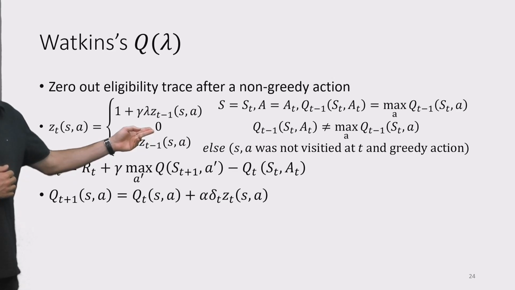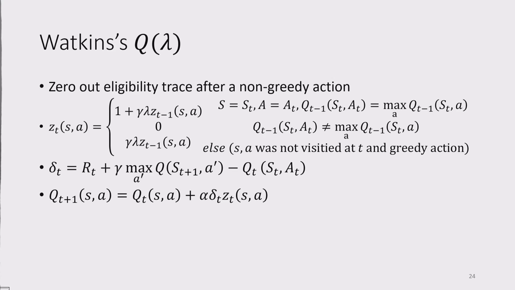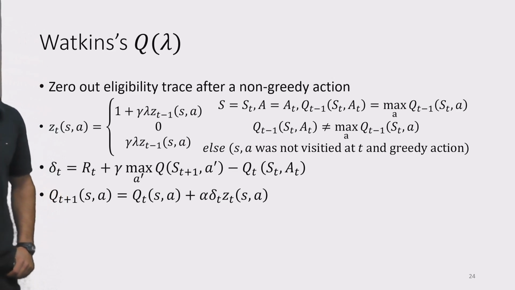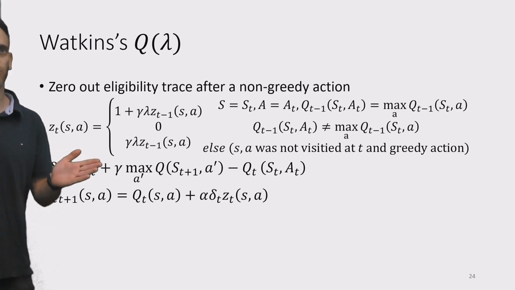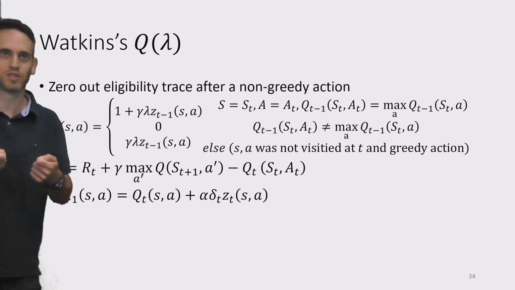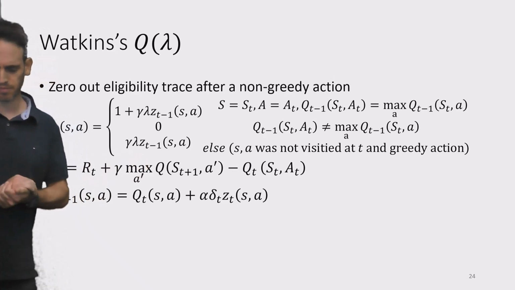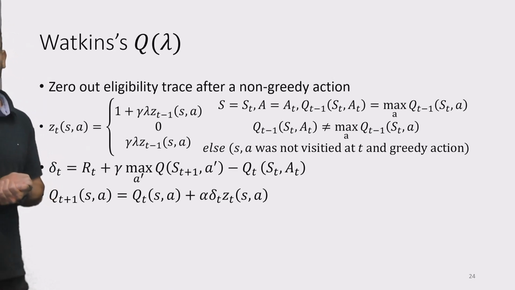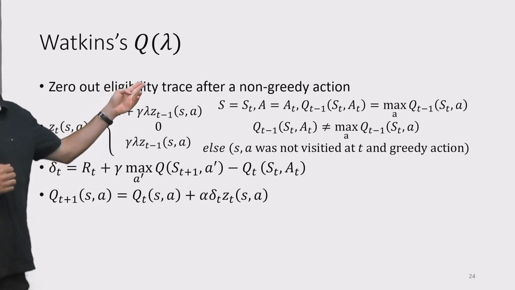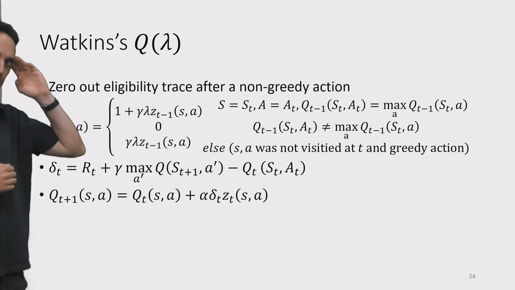Else we accumulate them as normal. So once we diverge from the greedy policy, from being on policy, we simply set all of the eligibilities to zero, right? So this is exactly what we do in Watkins's Q Lambda learning. This is the naive variant.